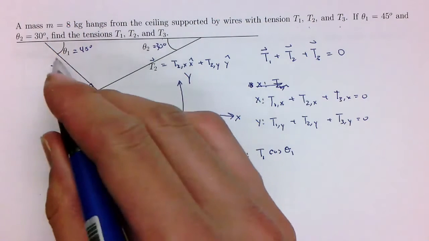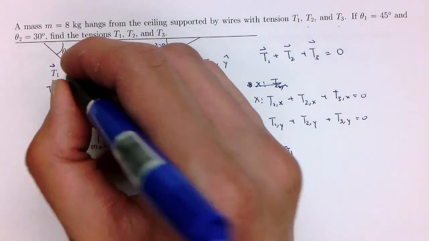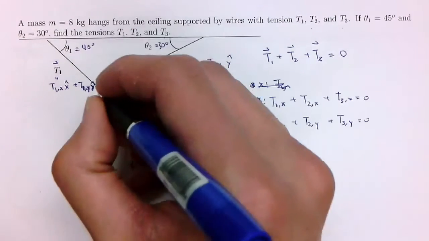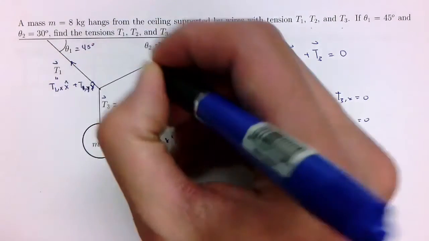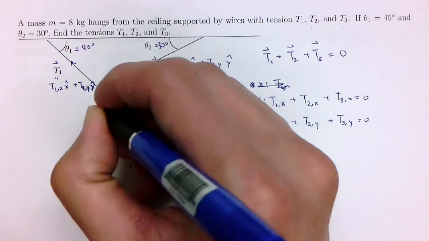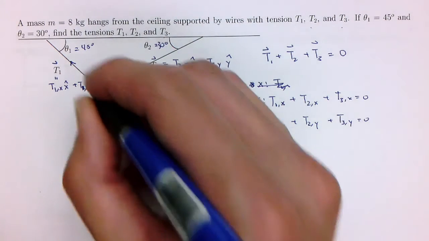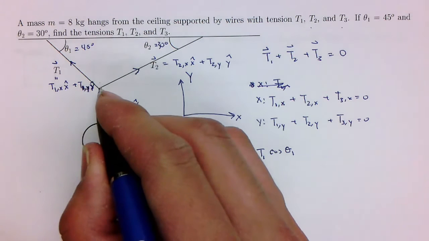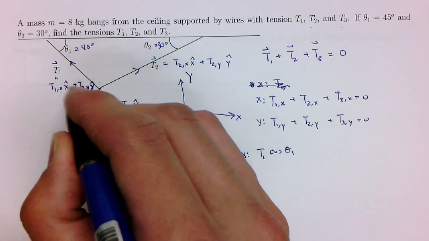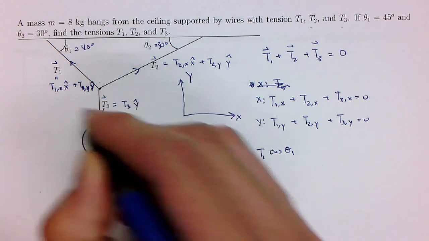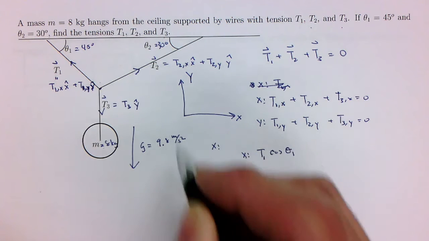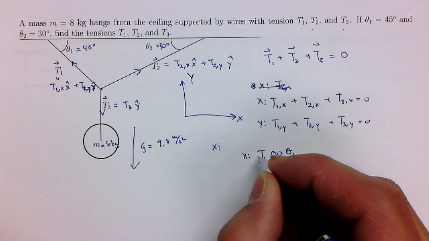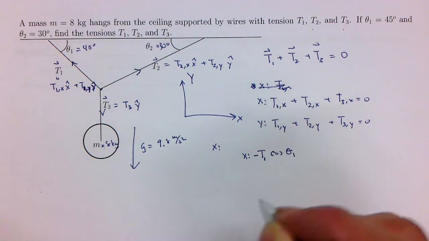Which direction is T1 pointing? At this point, T1 is pulling away from it. T2 is pulling away in this direction, T3 is pulling away in this direction. T1 is pointing up and away, so it's pointing along the negative x-axis. So this is very important. This has to be a negative sign.